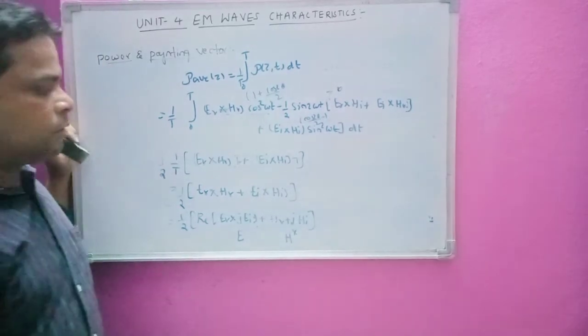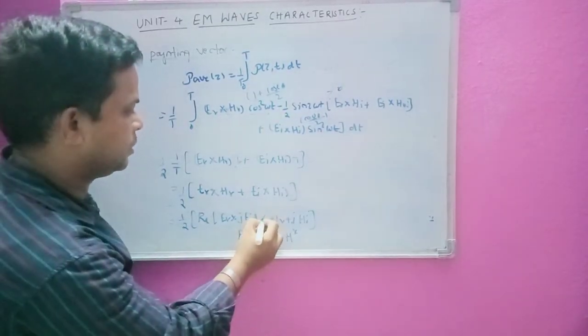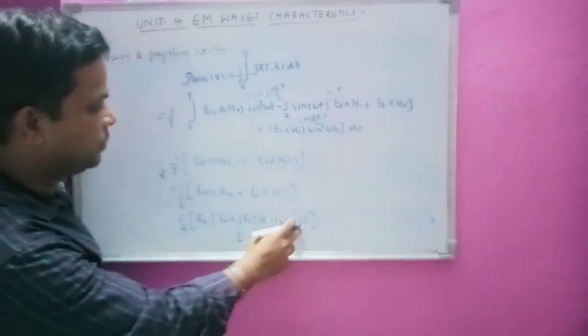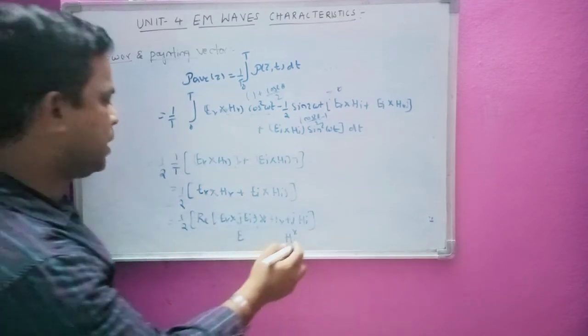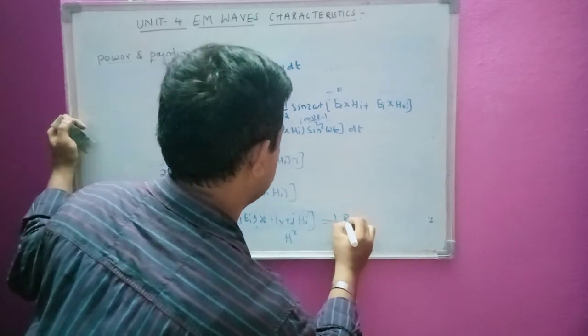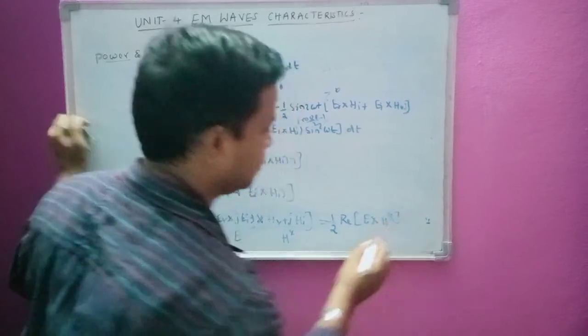Now I can write that is the cross product. If I take the cross product of this one and this one, I am going to get this equation, that is the real part of this equation. Now I can write this as 1 by 2 the real part of E cross H complex conjugate.